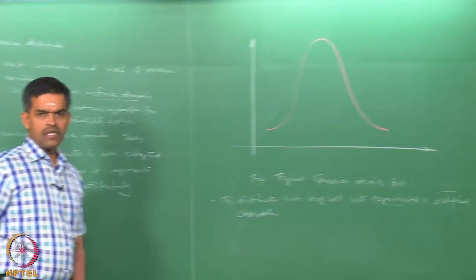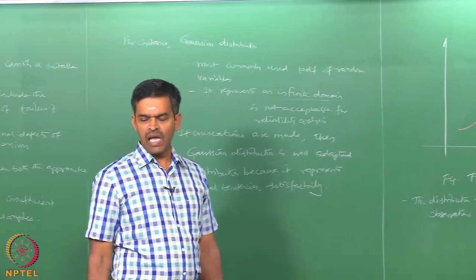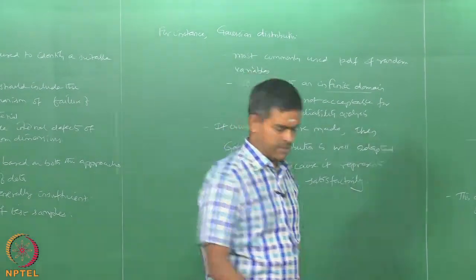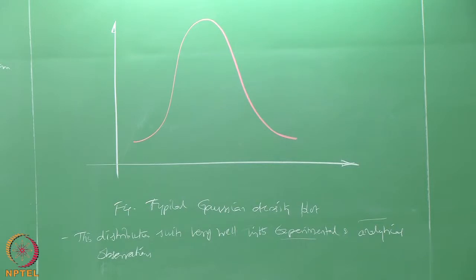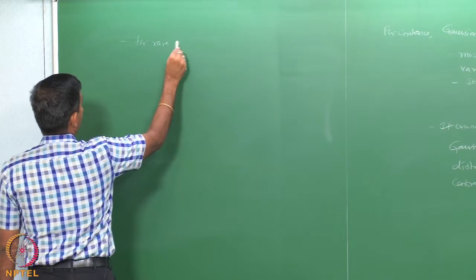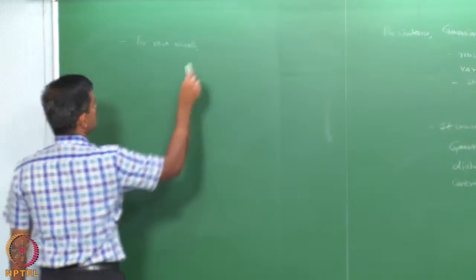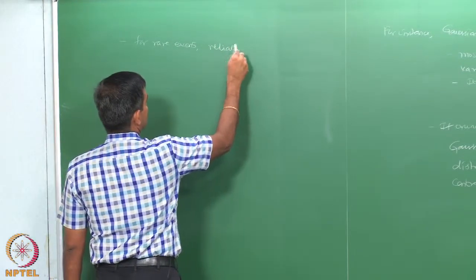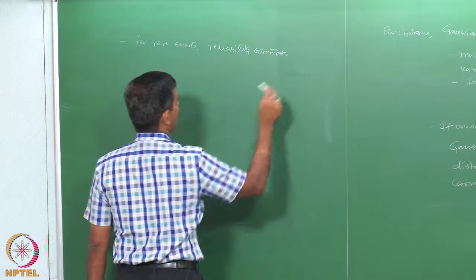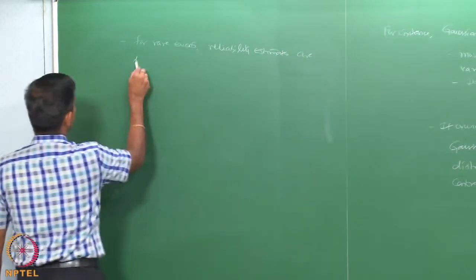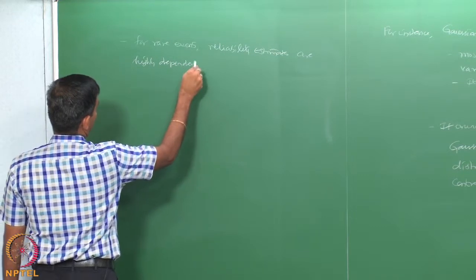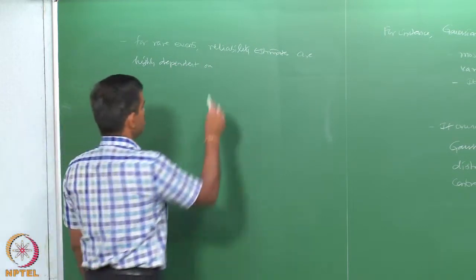It is therefore interesting to note that for rare events, reliability calculation concerns the distribution tails. So, an important statement: for rare events, reliability estimates are highly dependent on the distribution tails.